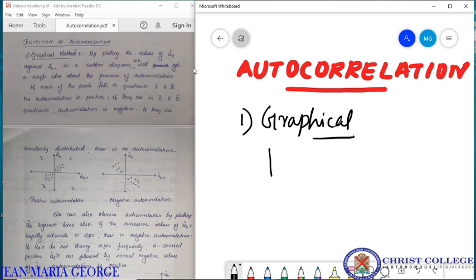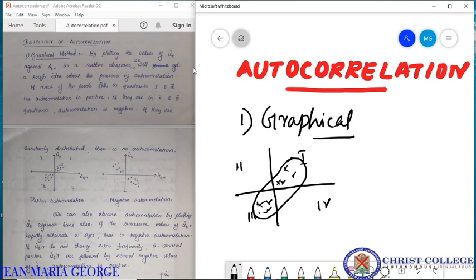If we plot the graph, this is the first quadrant, second quadrant, third quadrant and fourth quadrant. If most of the points fall in the first and third quadrants like this, we can see a particular pattern. This is the positive axis, this is also the positive axis. This is the negative axis, this is also the negative axis.